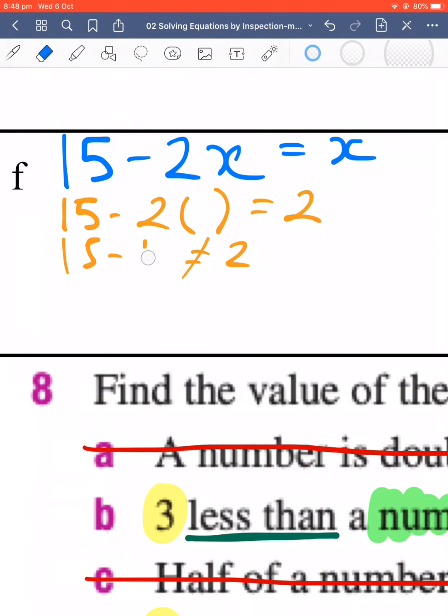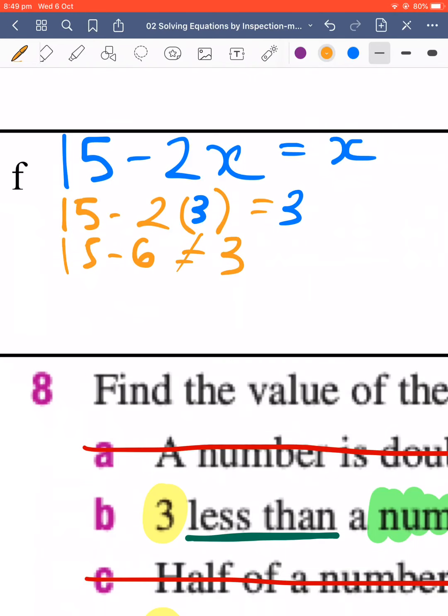Okay, so let's maybe try something a bit bigger. I'm going to try now maybe a number of 3. So 15 minus 2 times 3 is 6, gives me apparently 3. So 15 minus 6 gives me 9. Okay, 9 does not equal 3. So let's keep trying.